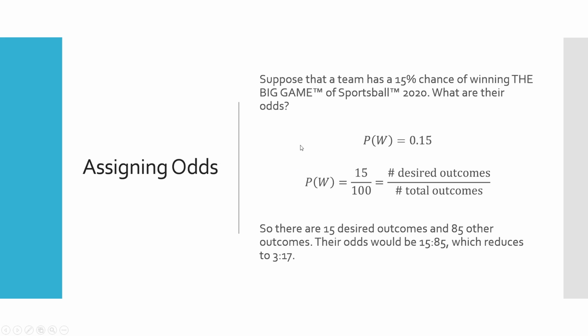Well, let's think about it. 15%, I could write as 15 over 100. 15 would be the desired outcomes, and 100 would be the total outcomes, which is desired plus not desired. So if 15 plus something is 100, that other number has to be 85.